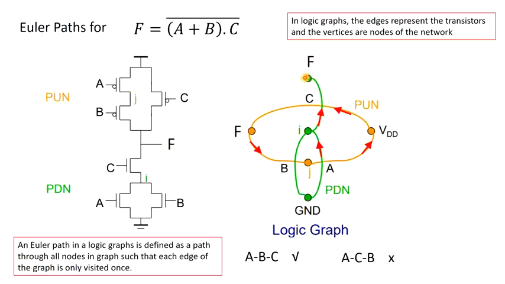Now once we go to C, we cannot come to B, right? So we cannot travel this B. So we don't have an Euler path for this pull down network if we select the gate order ACB. That's why, you remember, for this particular gate order as shown earlier, though there is a continuous p diffusion line for the pull up network, the n diffusion line, which represents the pull down network, was broken.